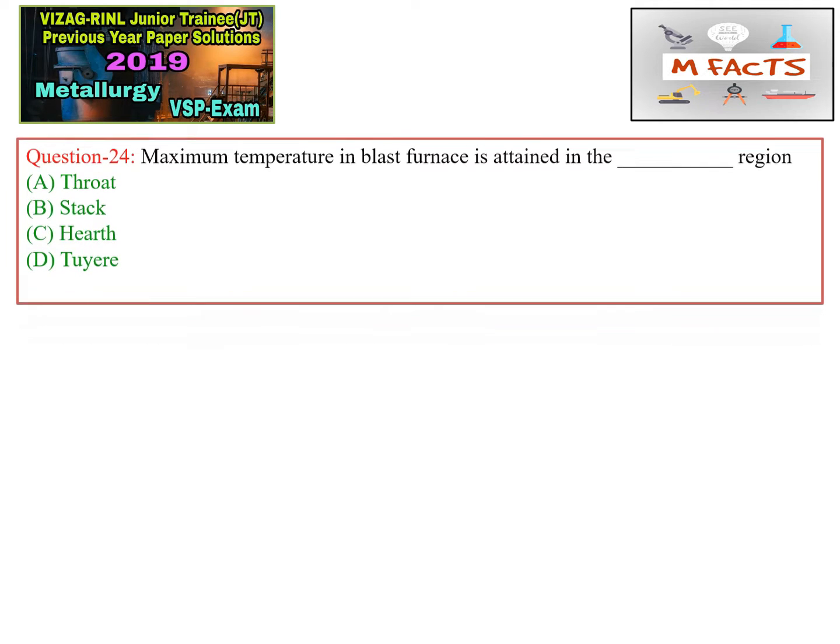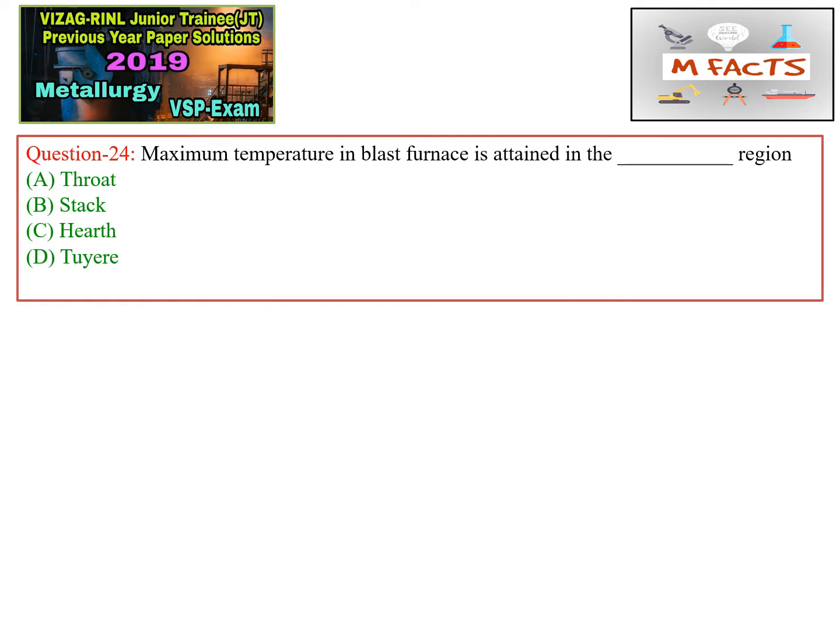The next question is: maximum temperature in blast furnace is attained in the region. They have given four options: throat, stack, hearth, and tuyere. For this type of question, you should know the positions of these parts in the blast furnace. You should have an idea about the schematic diagram of a blast furnace. So I am trying to draw a schematic diagram of a blast furnace here.